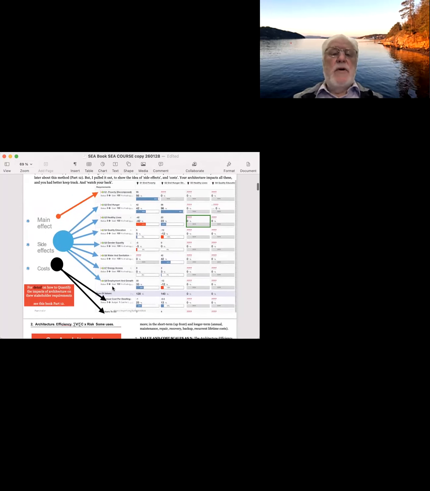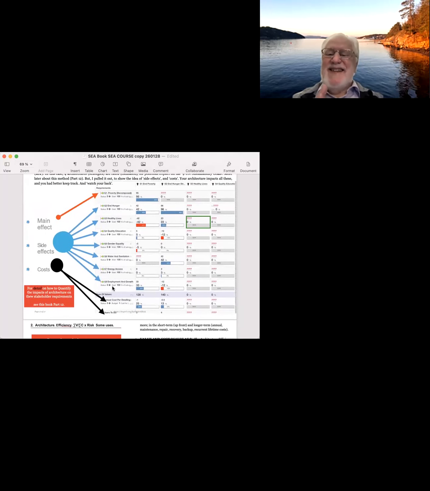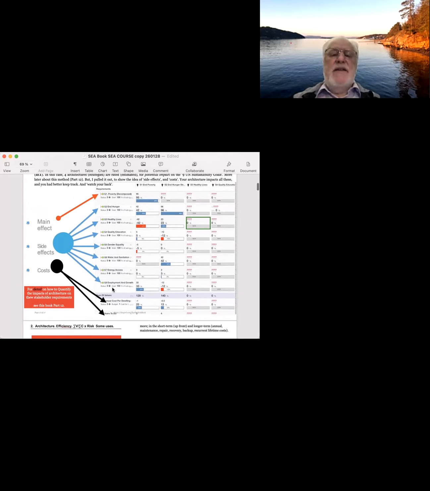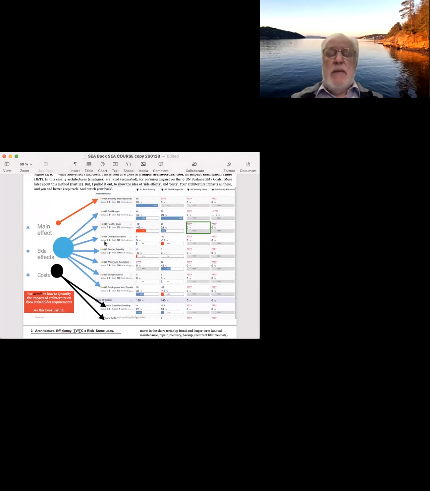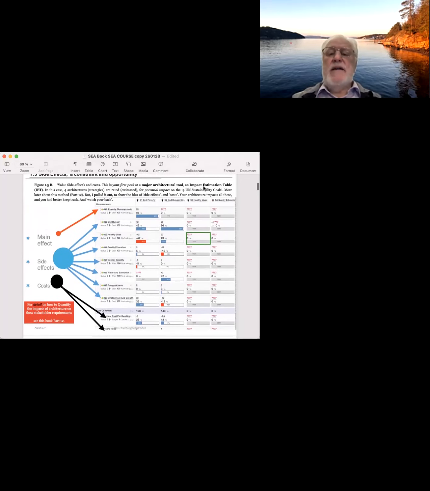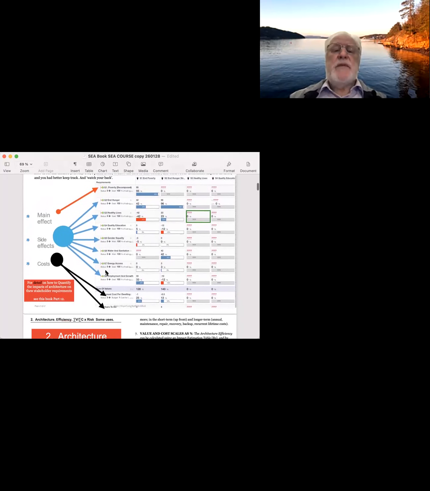Okay, so if you learn one thing today, the idea that there is such a thing as an impact estimation table. Here's the word impact estimation table. And it enables us to look at all of our architecture as we accumulate our ideas. It enables us to look at all of our critical objectives, the values of the critical stakeholders.